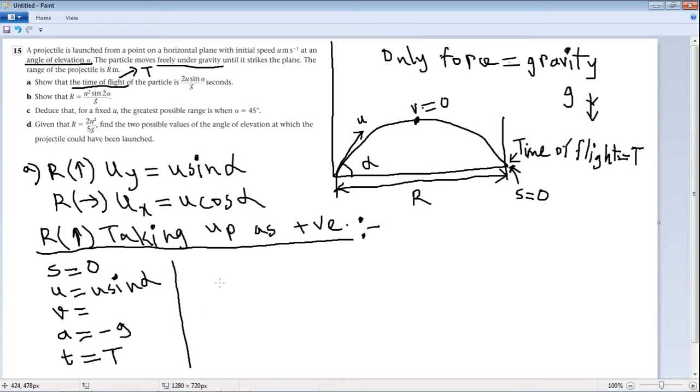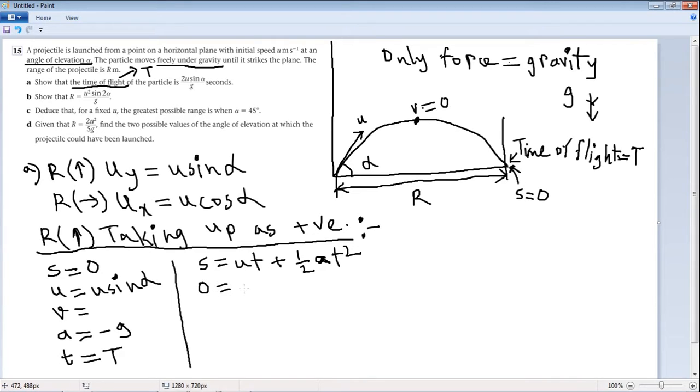Okay, so now let us choose the suitable motion equation for the values that are given. The suitable equation is s equals ut plus half at square, where a is the acceleration. So here let us substitute the values.